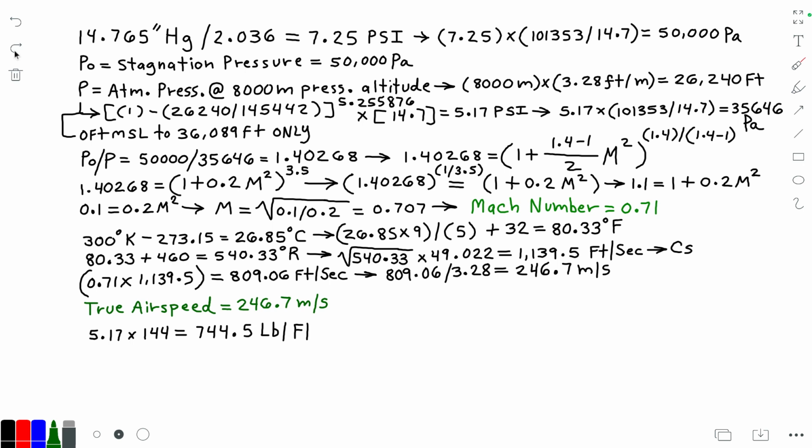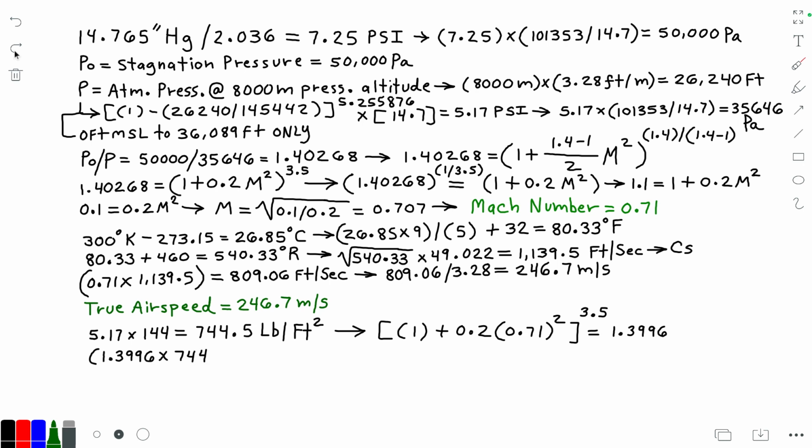And then after that, we enter it back into our isentropic Mach number equation, and we compute 1.3996 as the coefficient. We multiply this times the atmospheric pressure in pounds per square foot.